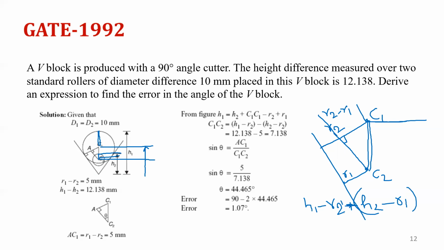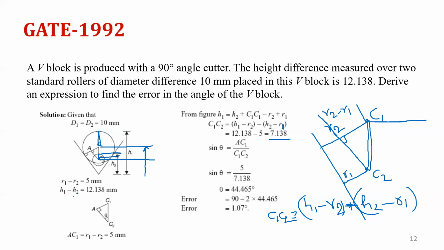This difference will give the C1C2. So C1C2 is equal to H1 minus R2 minus H2 minus R1. By substituting the values, as you know H1 and R1, we get the value C1C2 equal to 7.138.